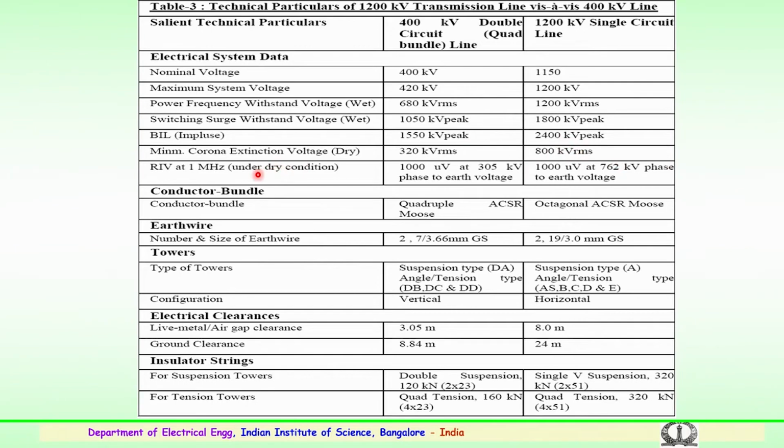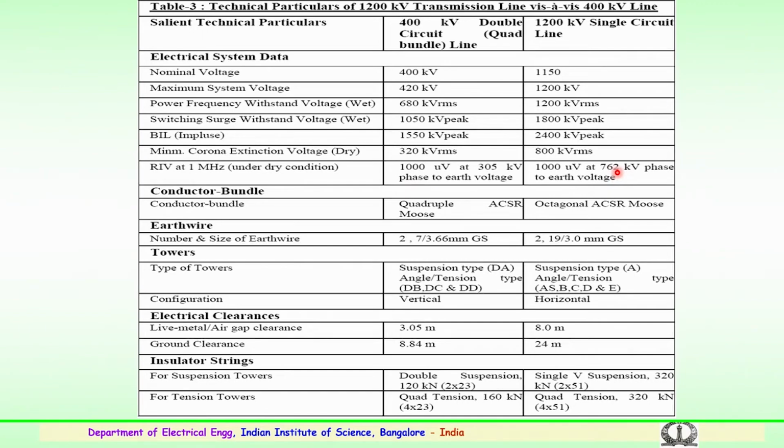The minimum corona extinction voltage in laboratory dry, clean conditions is 320 kV in case of 400 kV, and for 1200 kV the requirement is 800 kV. So, 800 kV or 810 kV is the minimum required corona extinction voltage under laboratory conditions.